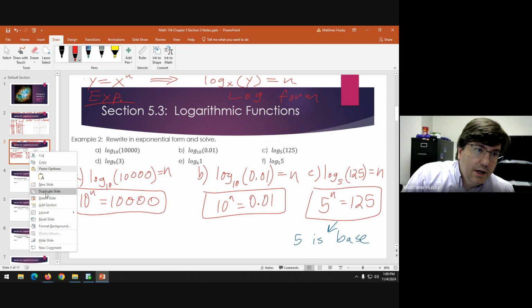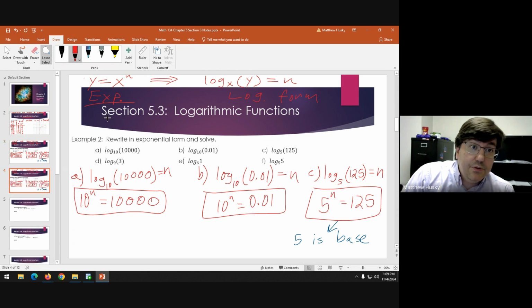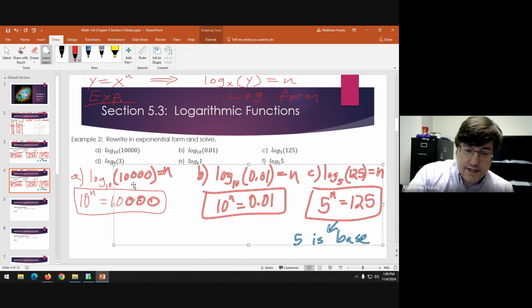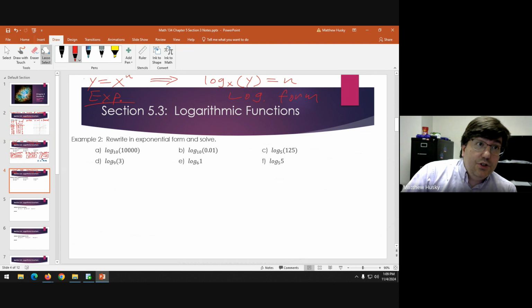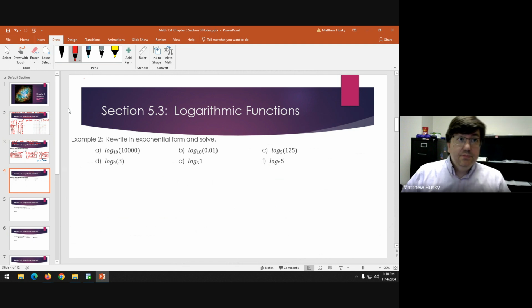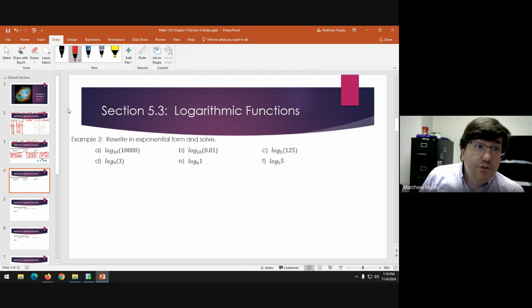So, get myself a new slide. And so the big idea with how this works is to recap. So you have exponential form, which is probably what you're more accustomed to.